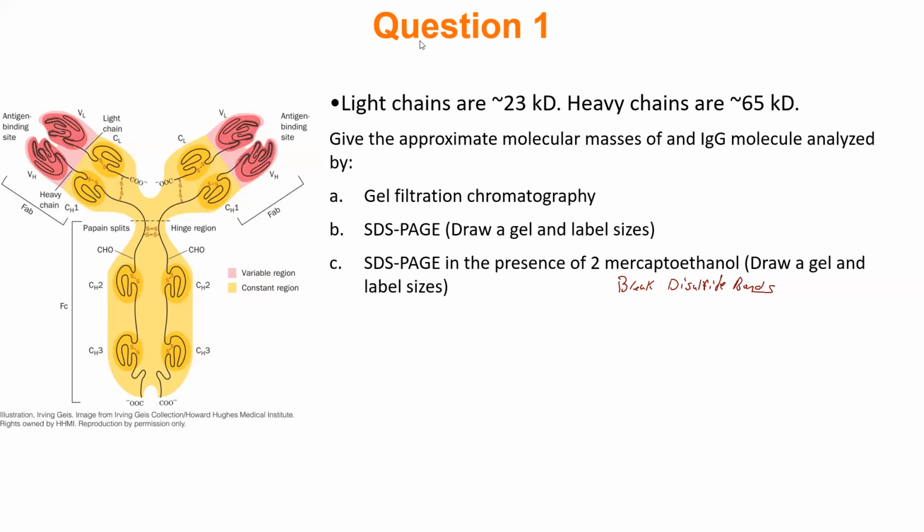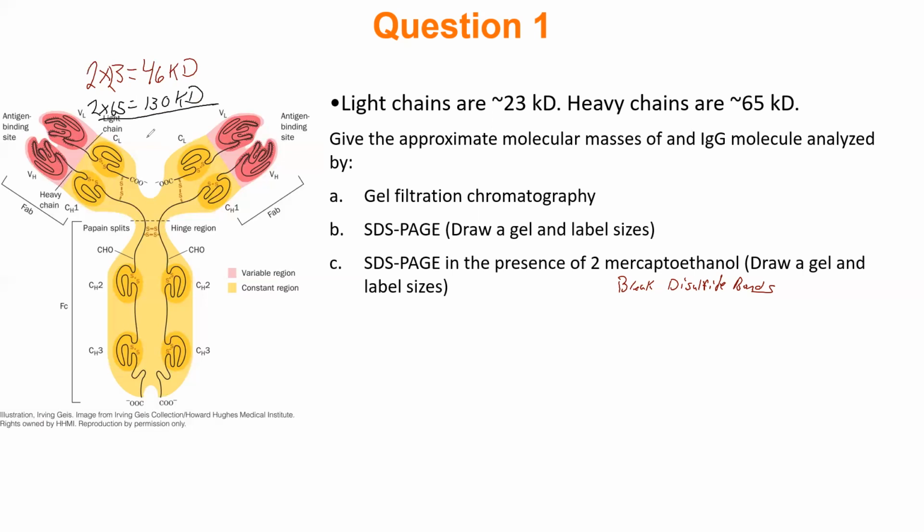All right, so hopefully you made some progress on that. Let's take a look at this. We have two light chains, so 2 times 23. The weight of the light chains is 46 kilodaltons. We also have two heavy chains, each one 65, so 2 times 65 equals 130 kilodaltons.